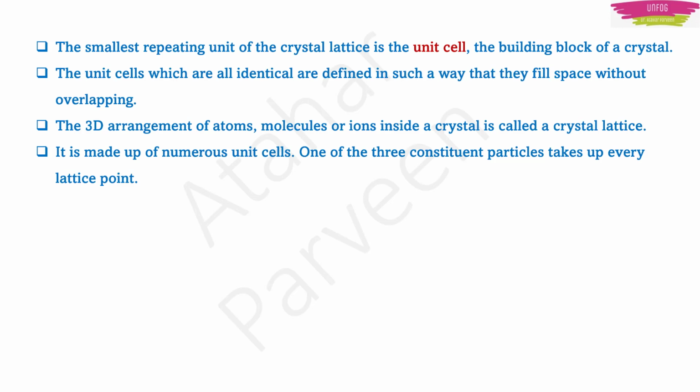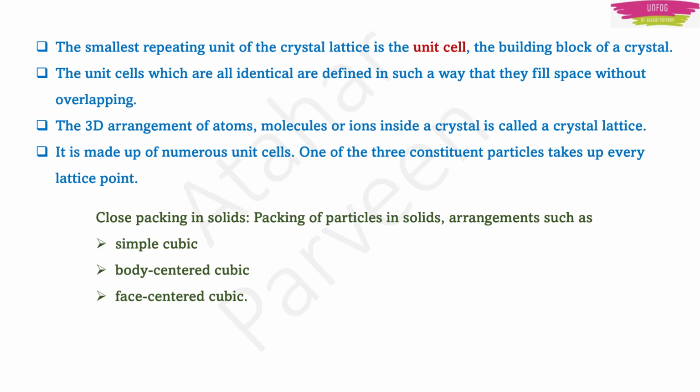And the 3D arrangement of atoms or molecules or ions inside the crystal is called a crystal lattice, and it is made up of numerous unit cells. One of the three constituent particles, that means ions, molecules or atoms, take up every lattice point in that crystal lattice.